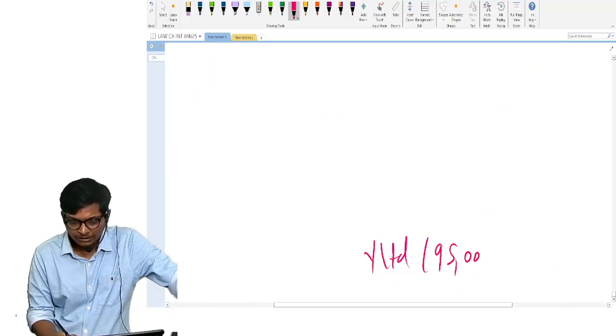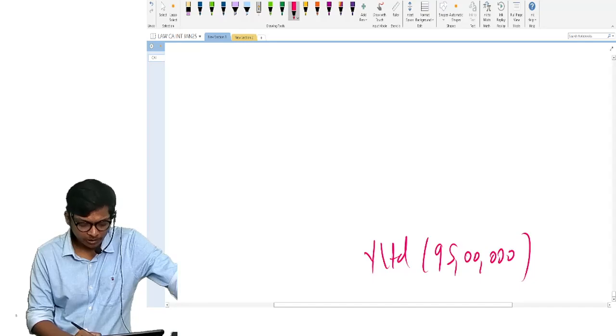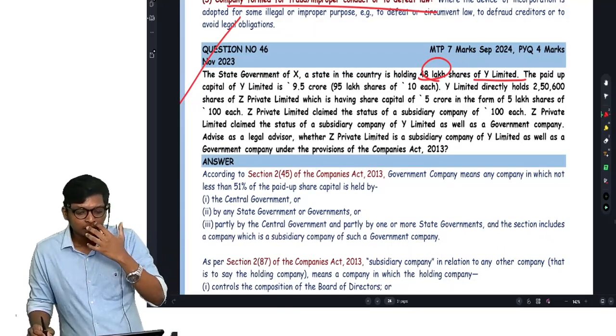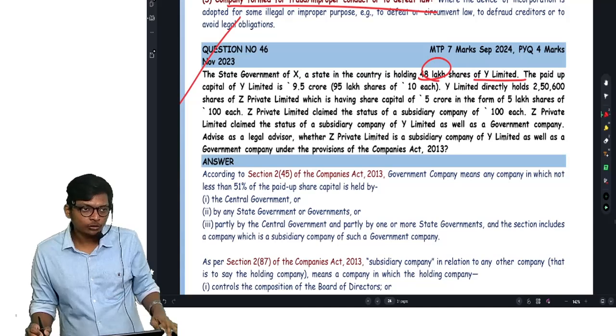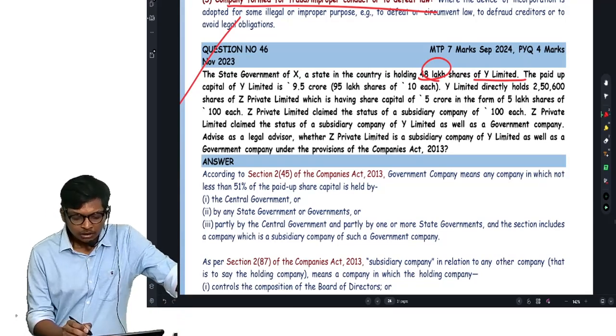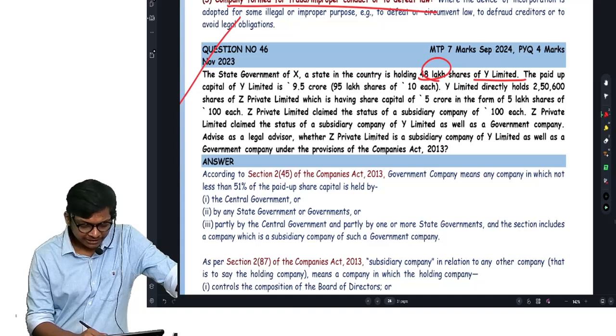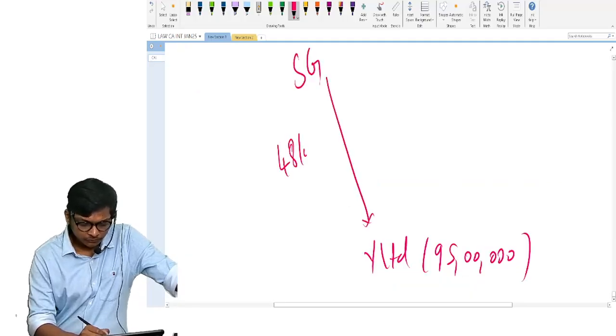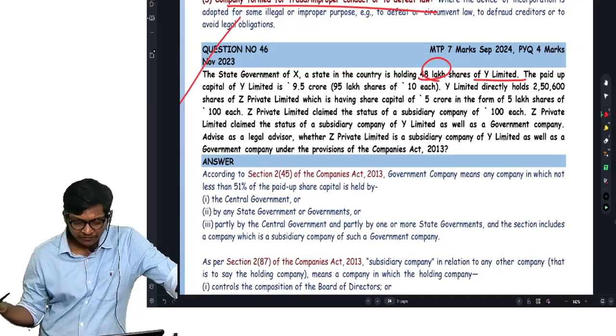Correct? Number of shares it becomes easy to compute. You can always compute number of shares or value guys. Ideal is to go with value if there is no difference in called up, paid up, etc. Then state government has how many shares? 48 lakh. They almost came close to half.